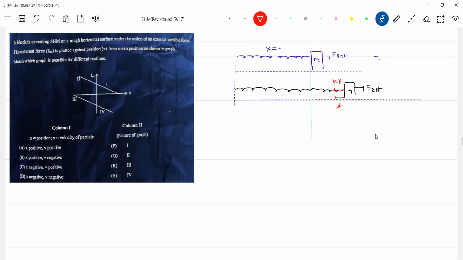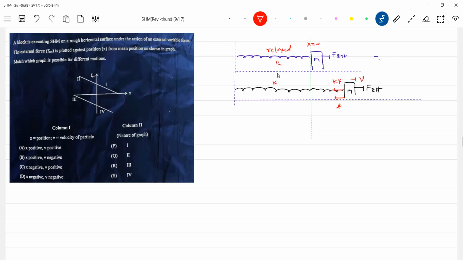And the block will have velocity V. I define this as x equals 0, the origin. Agree that this is the mean position, where the spring is relaxed.